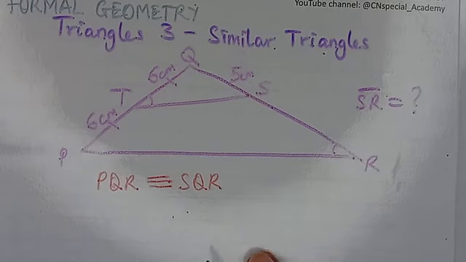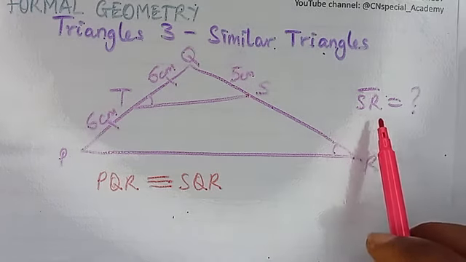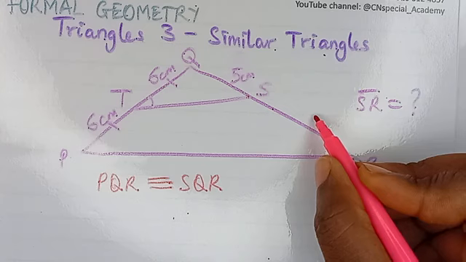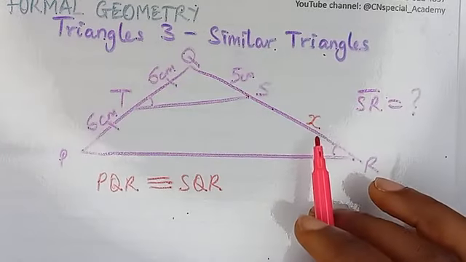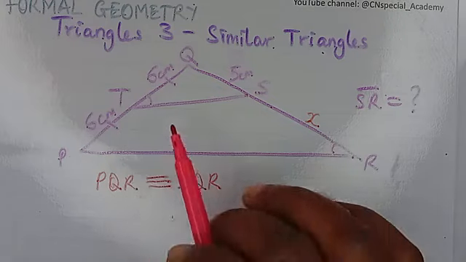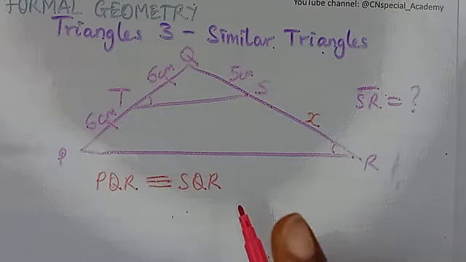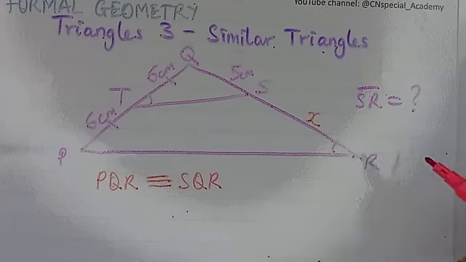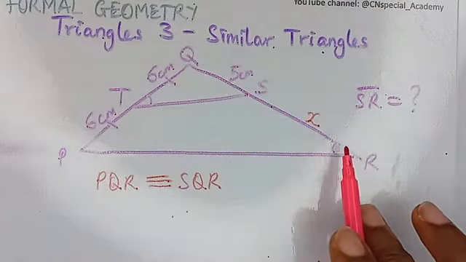So now that we've named them correspondingly, remember our question is asking us that side SR is equal to what? So we are to look for this side. Let's just name SR as X. Now we've done the major work of naming the two triangles correspondingly, which is very, very important. Now, like I do, I like to start from the side that I'm looking for.